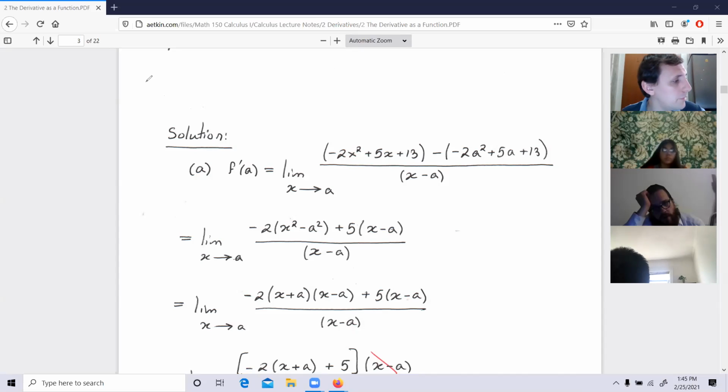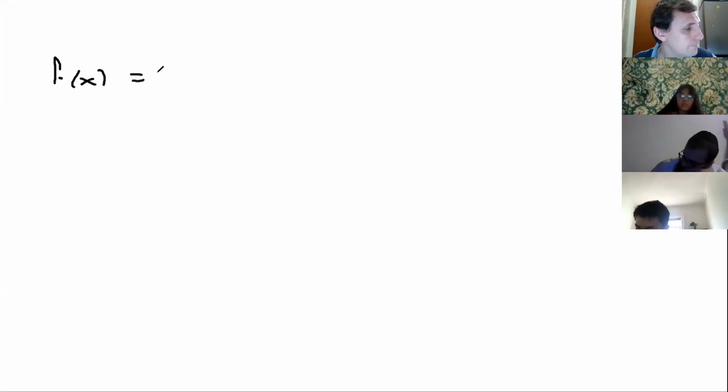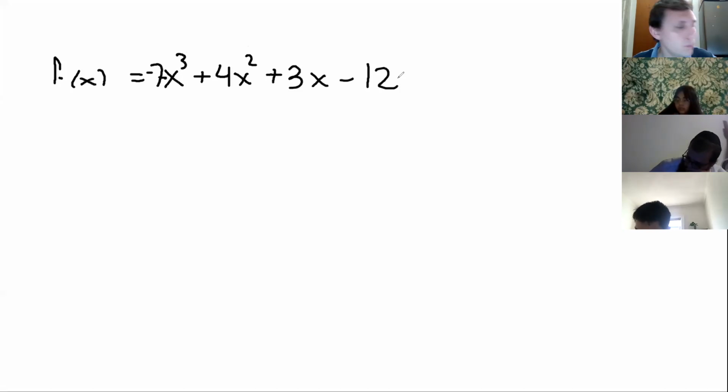So let me just quickly show you what happens. Imagine that for a moment the function was much more ugly. Let me write it on a separate board. Imagine the function was something like this: minus 7x cubed plus 4x squared plus 3x minus 12.